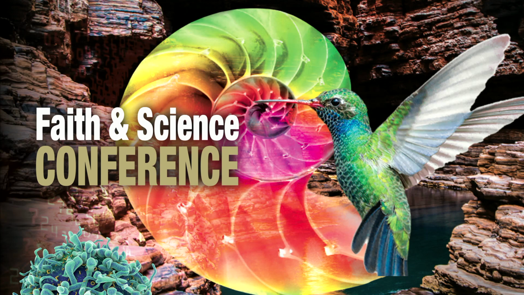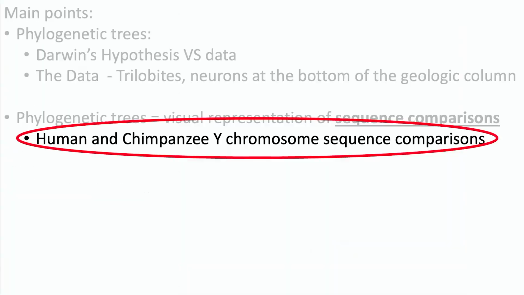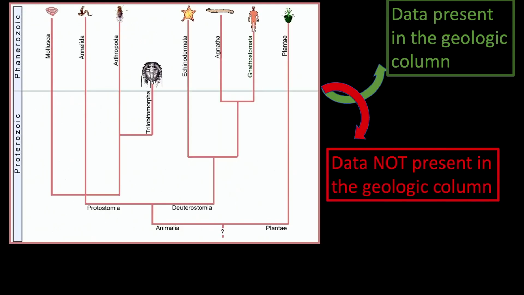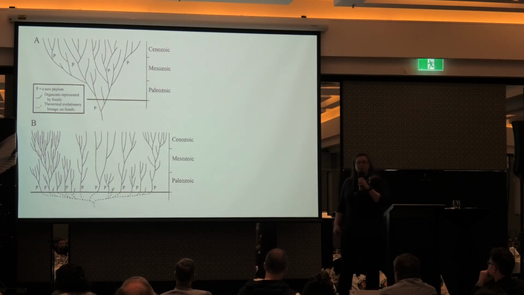But the actual stuff in the tree itself, the nodes, the separations, those are hypotheses, okay? Those are not supported by sequence data, those are just somebody's hypothesis. So just be aware that what is being taught and what's being said sometimes really is a hypothesis, but it might be presented as fact.